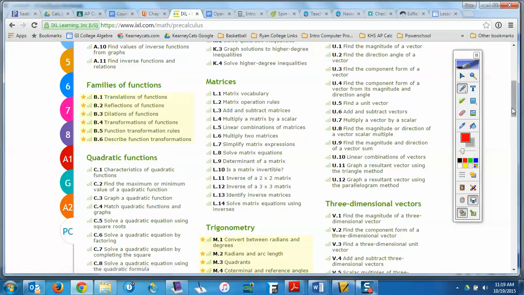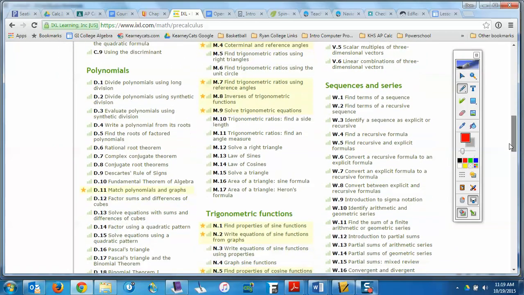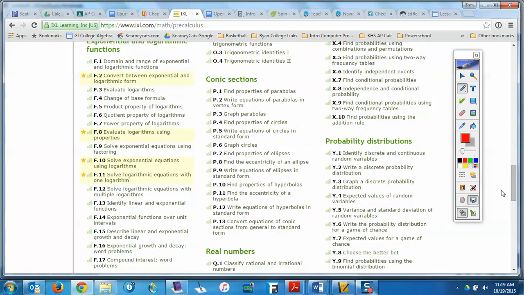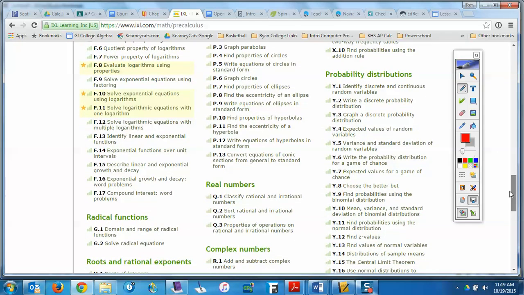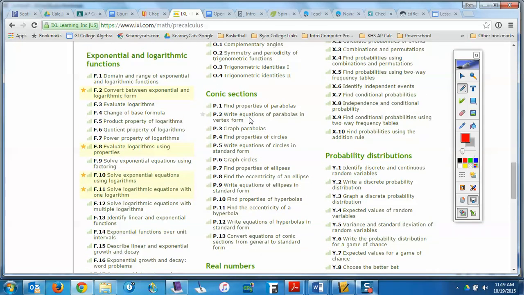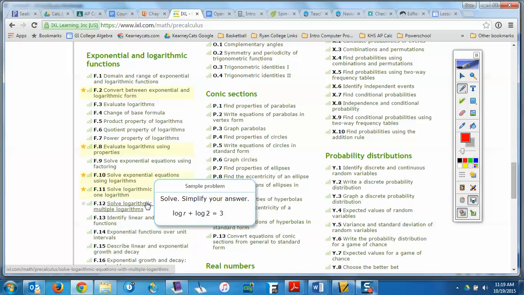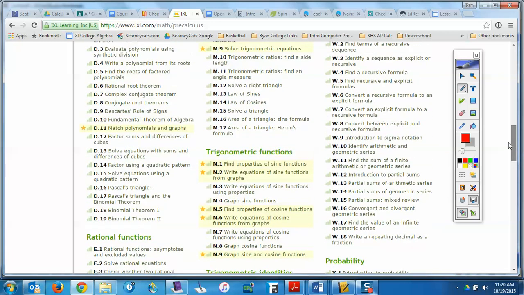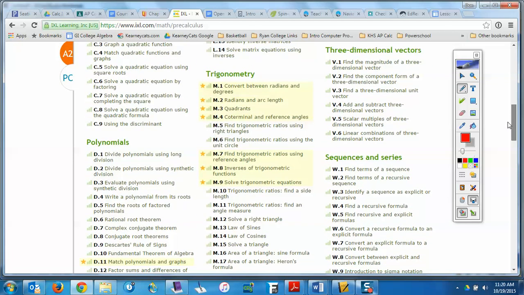Now, I've starred a bunch of them, but for right now, there's 4 of them under exponential and logs, the F section, if you will. And under the trig, now there's 2 trig sections.